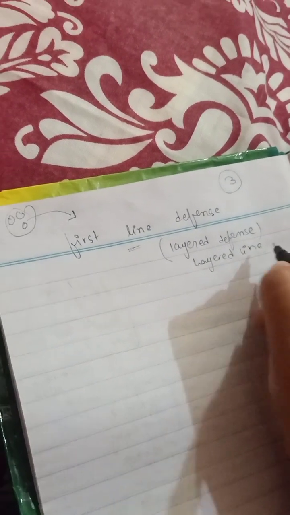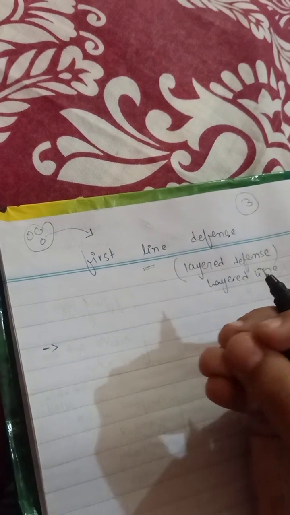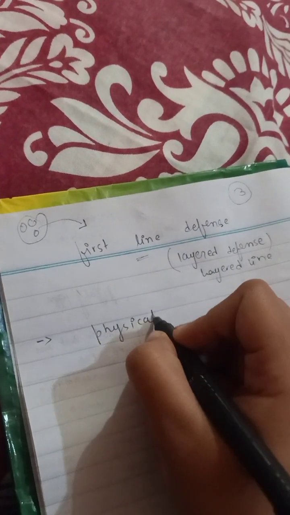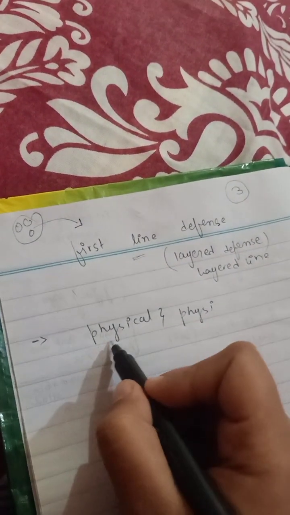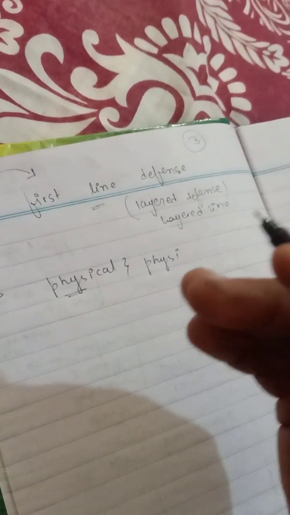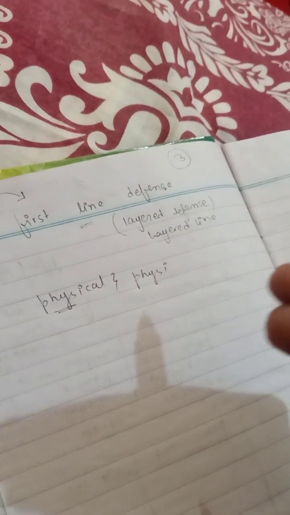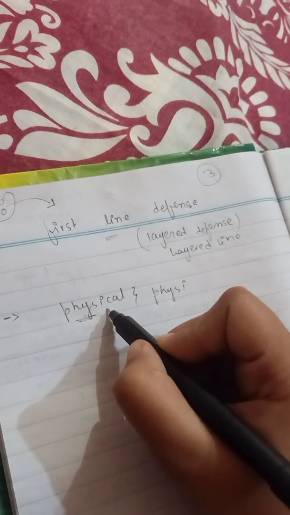In the first line of defense, in innate immunity, we discussed the physical barrier and the physiological barrier. What was the physical barrier? That was non-specific, and present before birth. It was basically the skin and the reproductive organs. These were the first barrier, which we called the physical barrier.